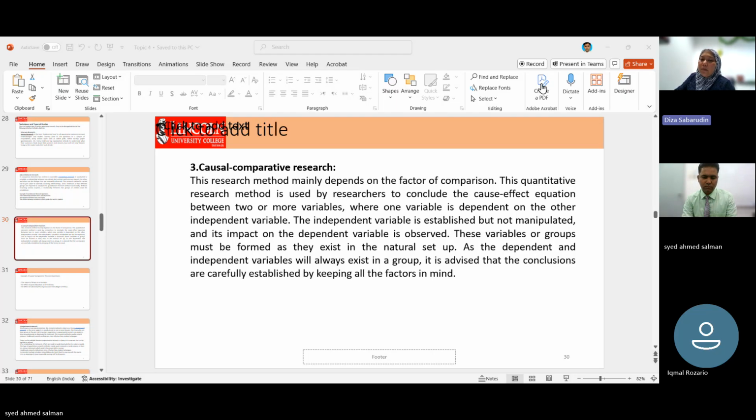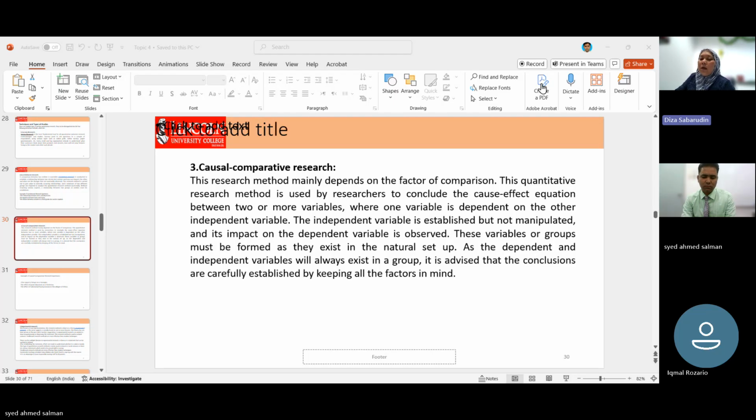So causal comparative research helps identify possible causes of factors associated with specific outcomes. It's valuable for hypothesis development and future research, especially when experiments are not possible. However, it's important to note that this method does not prove causation, but suggests potential causal relationships based on observed differences.